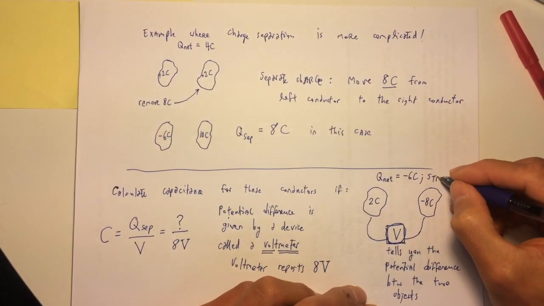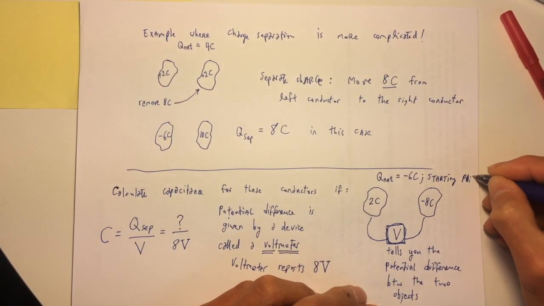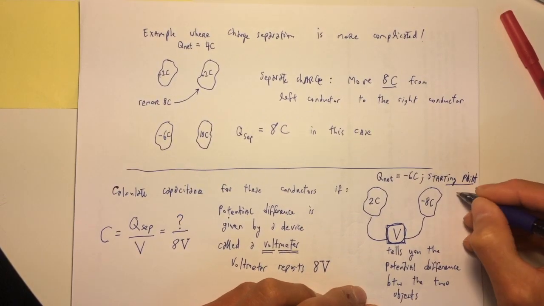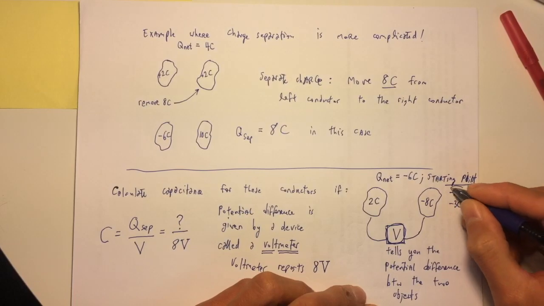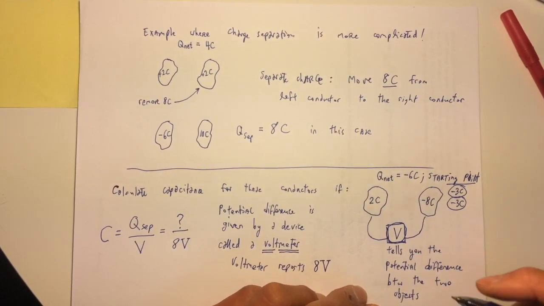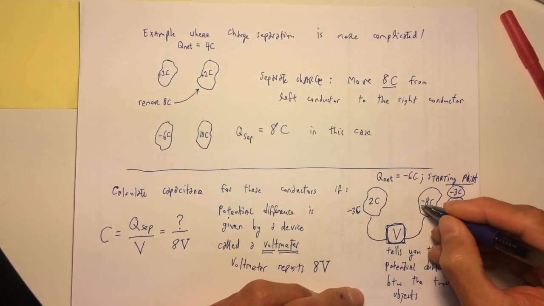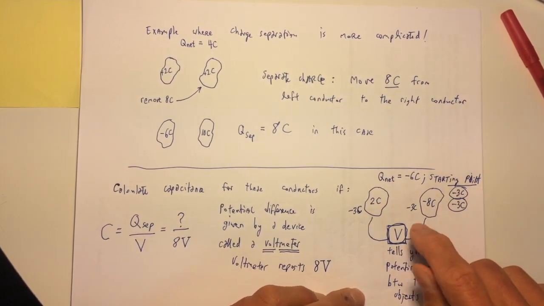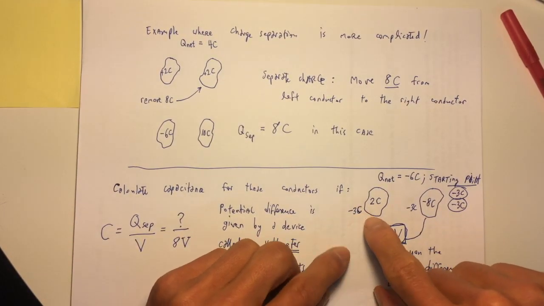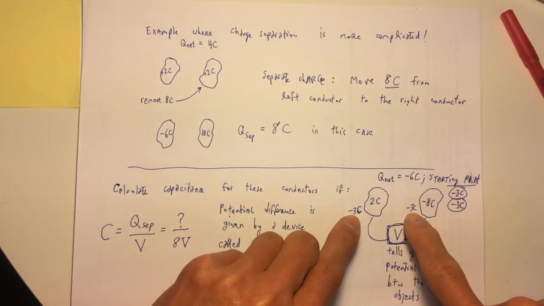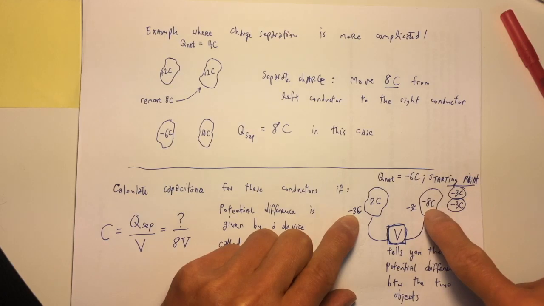So the starting point is negative 3 coulombs on each conductor. If this conductor starts at negative 3 coulombs and that one starts at negative 3 coulombs, how do I convert that into positive 2 coulombs and negative 8 coulombs?